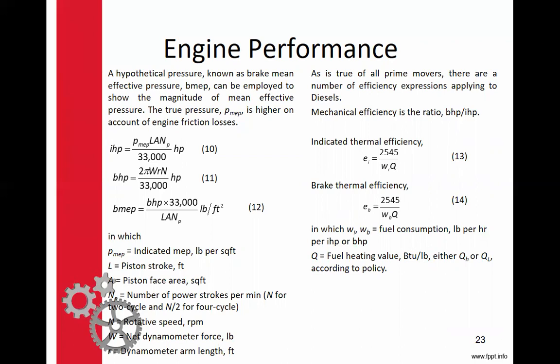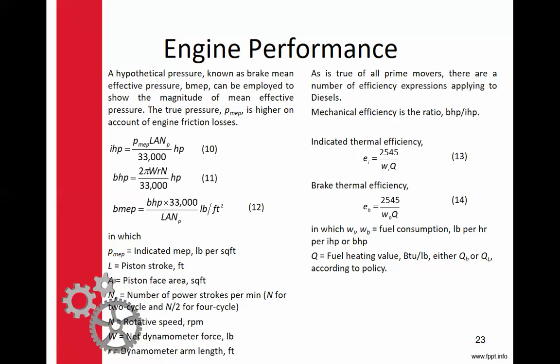So IHP is equal to PLAN over 33,000 horsepower. BHP is 2 pi WRN over 33,000 horsepower. BMEP is equal to BHP times 33,000 over LAN in pounds per square foot. In which P is indicated MEP, pounds per square foot, L is piston stroke, feet, A is piston face area, and N is number of power strokes per minute.